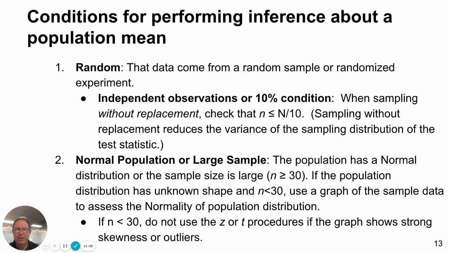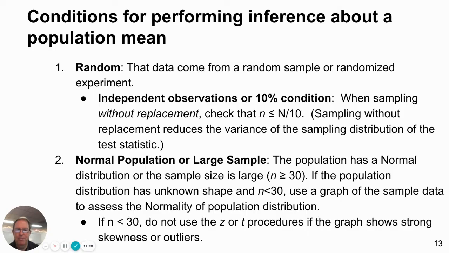Independent observations, or the 10% condition: when sampling without replacement, we need to check that the sample size n is less than or equal to the population size divided by 10. If that condition is satisfied, then we can use our formula for standard deviation or standard error. The last condition is the normal population or large sample.